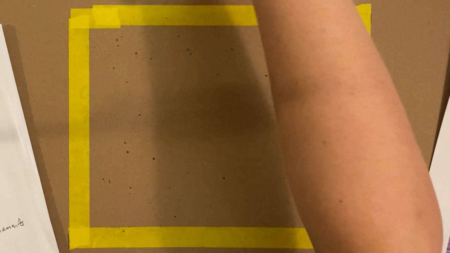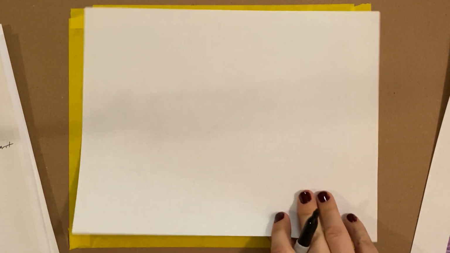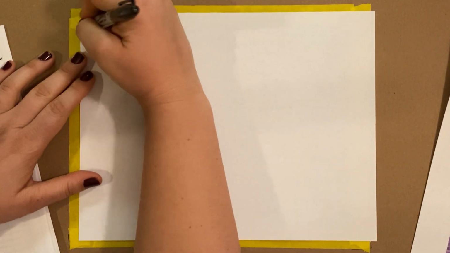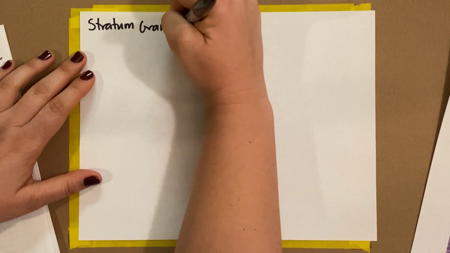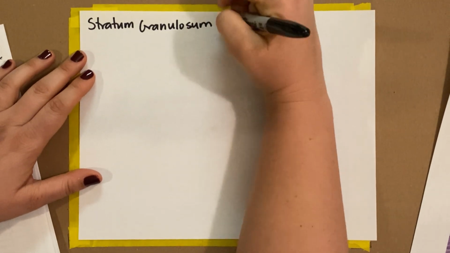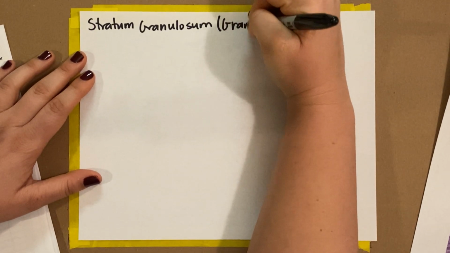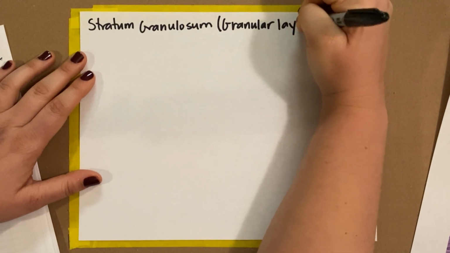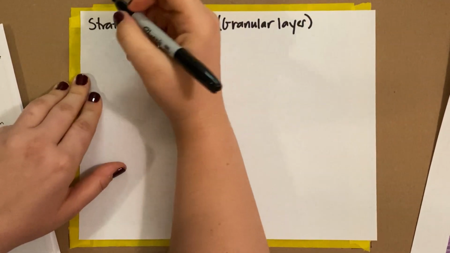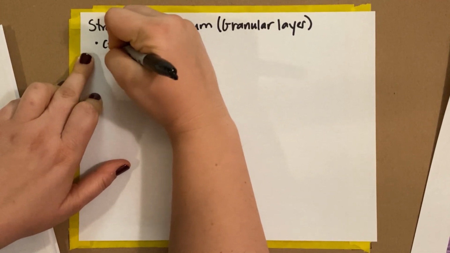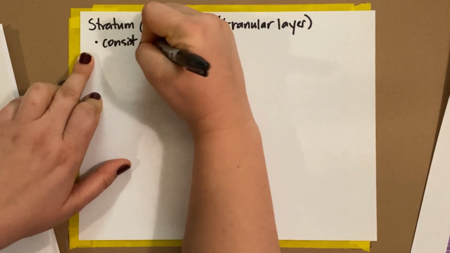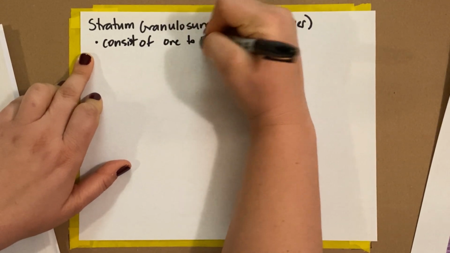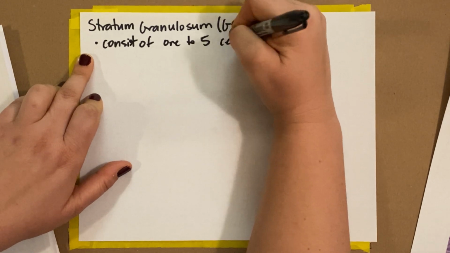So we're gonna go to our next layer, which is going to be the stratum granulosum. Okay, and this is the granular layer. Okay, so this is going to consist of 1 to 5 cell layers.